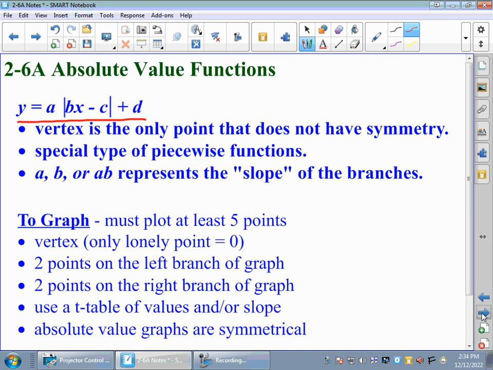So, you know, a line is just y equals mx plus b. But when you throw the absolute value symbol in there, and you take the absolute value of the variable, well, what if I'm multiplying outside and taking the absolute value, then multiplying? What if I multiply first and then take the absolute value? What if I add or subtract something after I do all the absolute value multiplying?